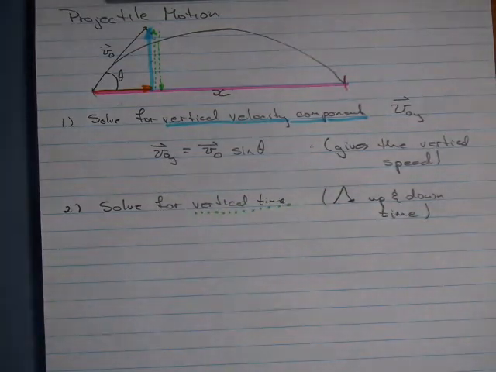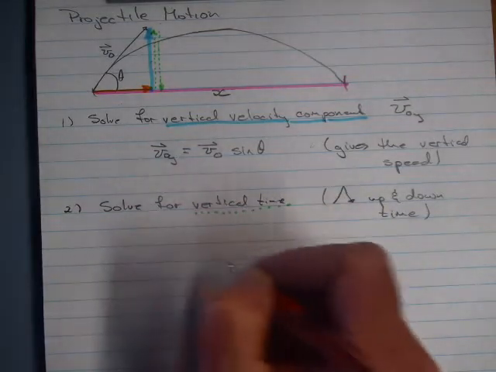Now, the beauty of solving for up and down is that your displacement is equal to 0. Your distance isn't, but your displacement is.